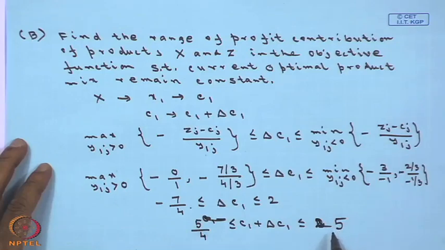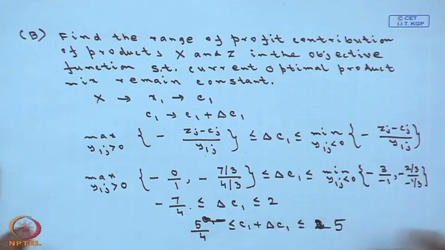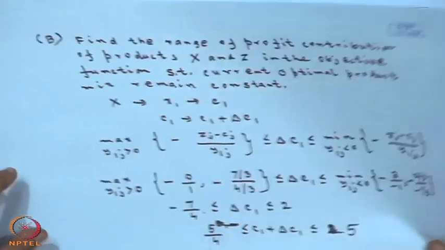The optimal solution will remain the same. So, instead of 3, if you change it to 5, your profit will increase, but your optimal condition will remain the same.